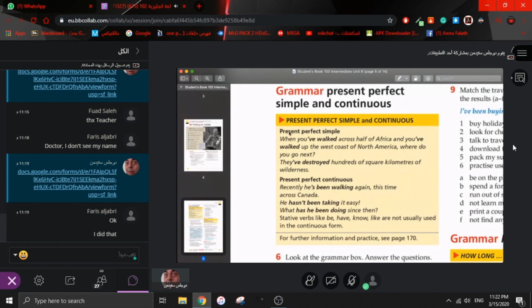So present perfect simple. You can see here in the bold, we've got apostrophe ve and walked. Over here, apostrophe ve. So which verb is that? Apostrophe ve for the perfect tense. What verb do we use? Anybody in the chat box?